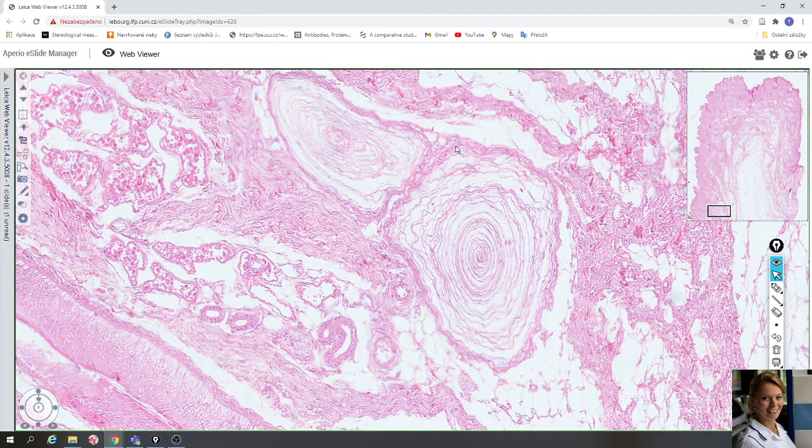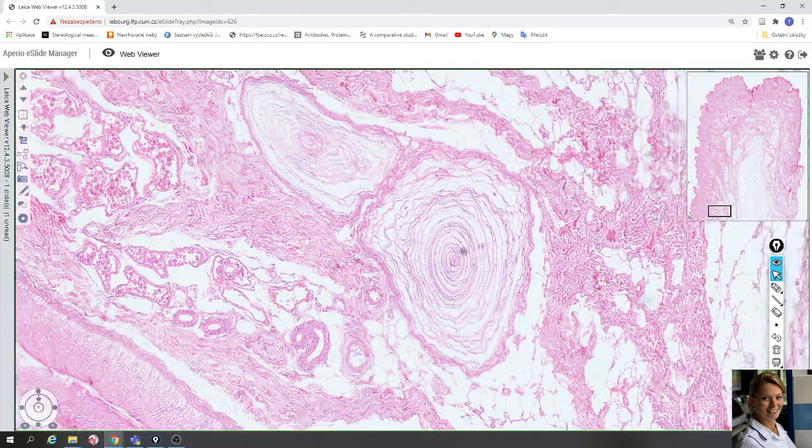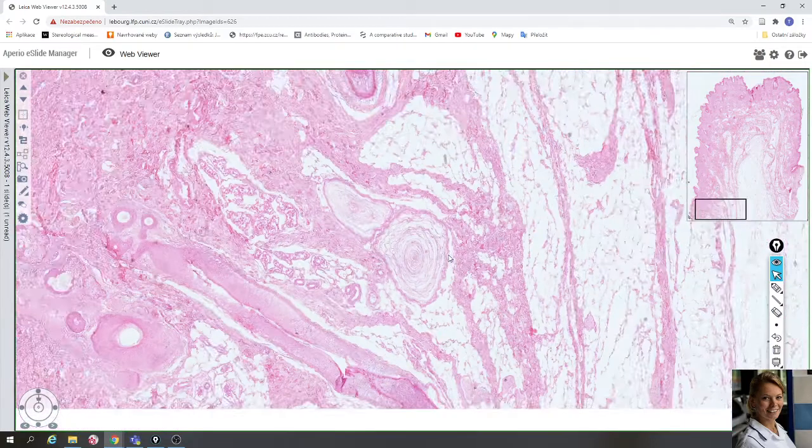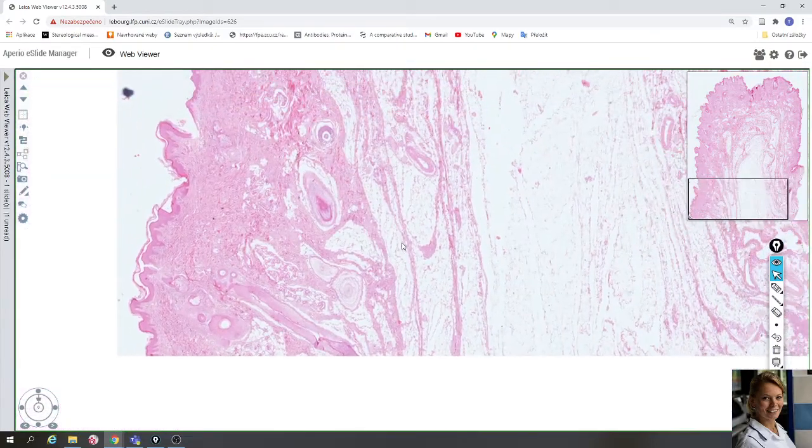This is a nerve ending, a receptor for vibration, the Pacinian corpuscle in the dermis of Labia Majora.